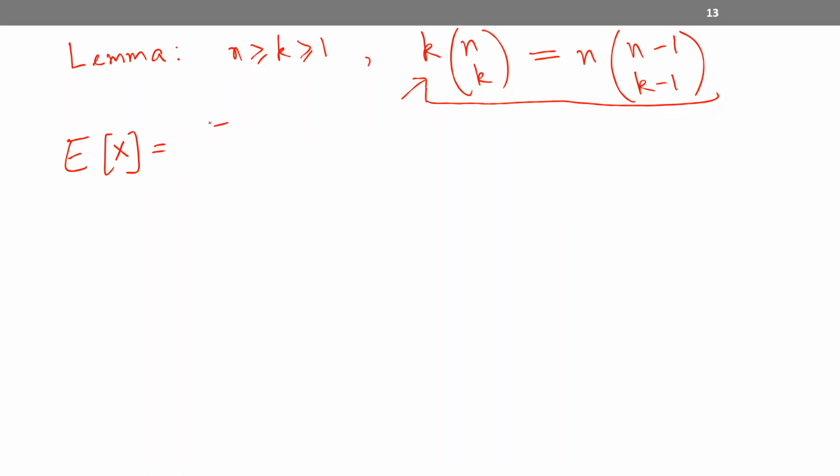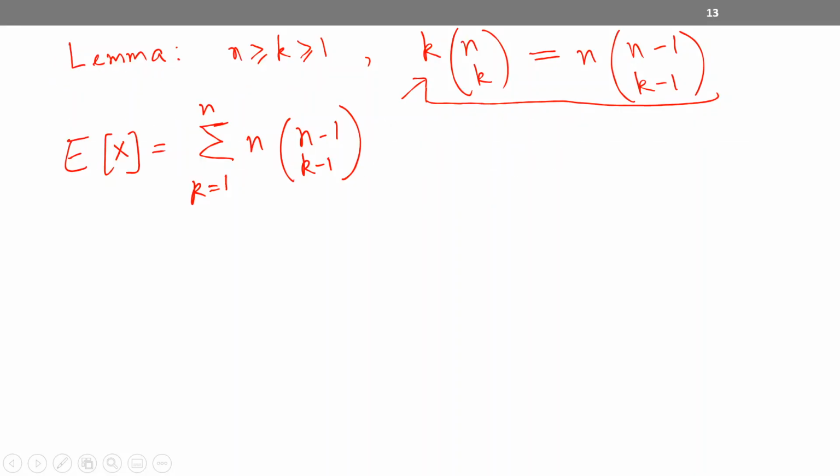After substitution, I get the sum over k from 1 up to n of n times (n minus 1 choose k minus 1) times p^k and then q^(n minus k). Let me take out the n and the p values, because I can do that.